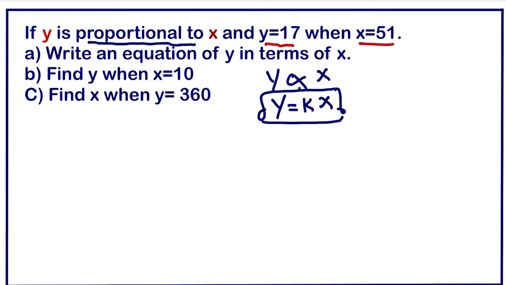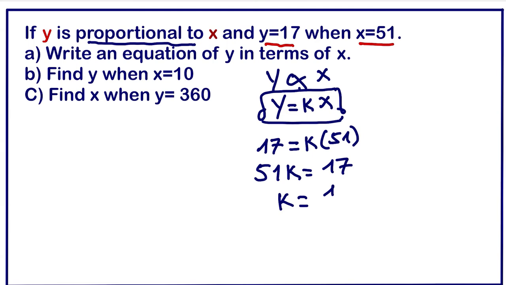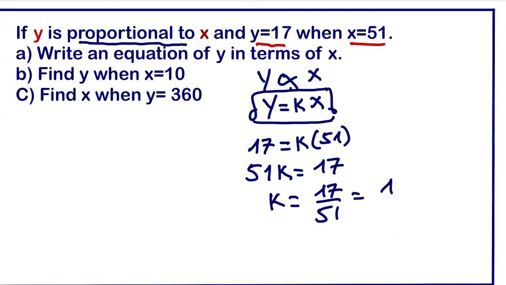So 17 equals k times 51, which means 51k equals 17. So k is equal to 17 over 51, which gives us 1/3. So k is 1/3.